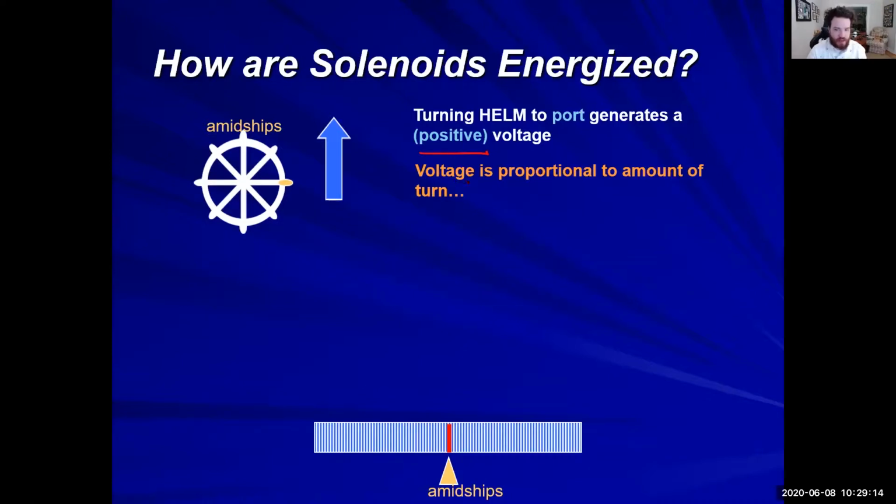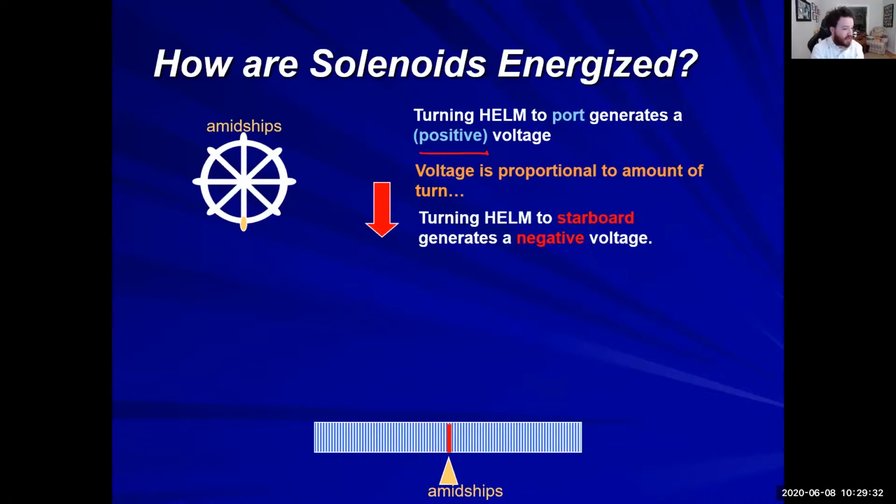The voltage that we produce is proportional to the turn. What does that mean? The bigger the turn, the bigger the voltage. So as we get smaller and smaller, we get a smaller and smaller voltage. Same thing when we go to starboard, but in the opposite direction.